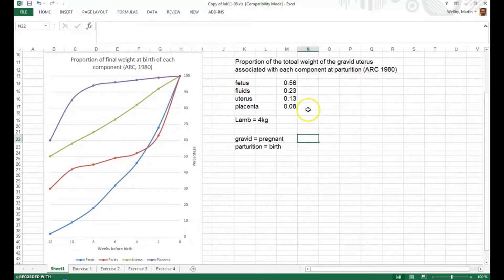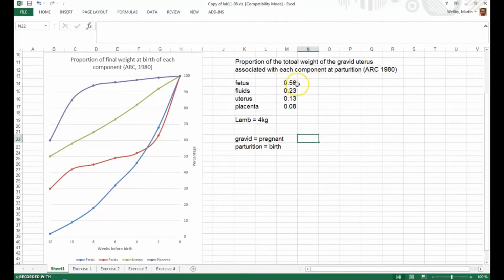And over here we have a little table that tells us the proportion of the total weight of the gravid uterus, so the total weight of that pregnant uterus, that each part is at birth.